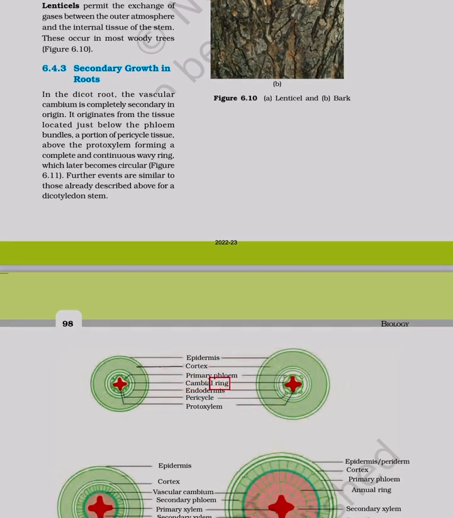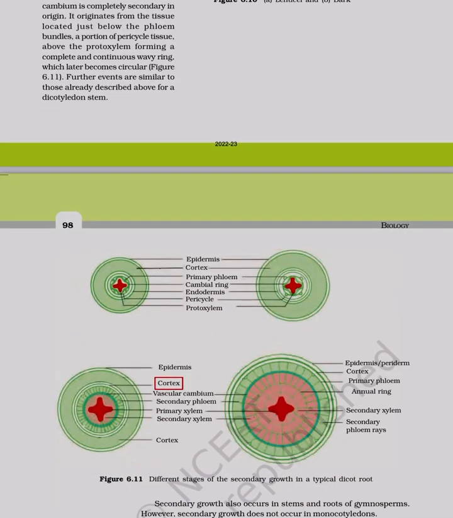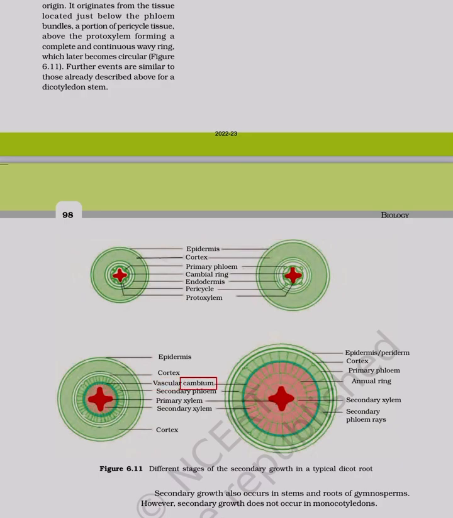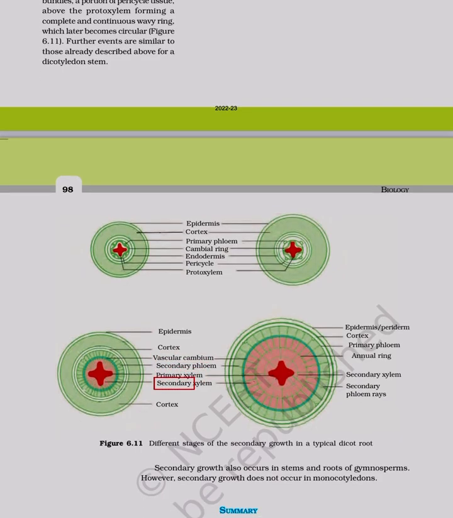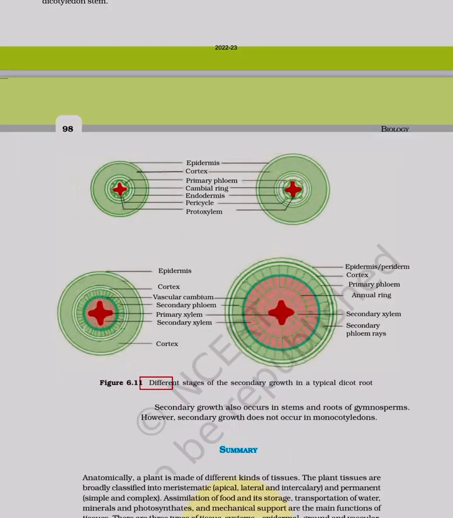Primary phloem, cambial ring, endodermis, pericycle, protoxylem. Epidermis. Cortex. Vascular cambium, secondary phloem, primary xylem, secondary xylem. Cortex. Epidermis, periderm, cortex. Primary phloem, annual ring. Secondary xylem. Secondary phloem rays. Figure 6.11. Different stages of the secondary growth in a typical dicot root.